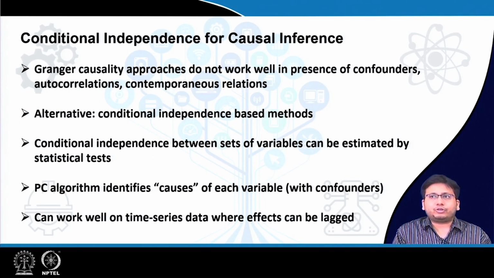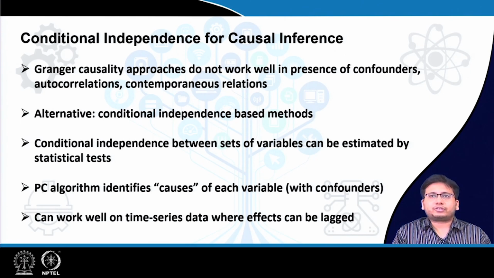If we ignore z and look for the relation between x and y, we may find some relation by Granger causality, and we may think that x is the cause and y is the effect. But in reality it might happen that both of them are conditionally independent based on z, that is, z is a cause of x and z is also a cause of y.